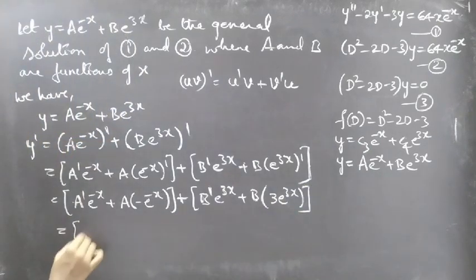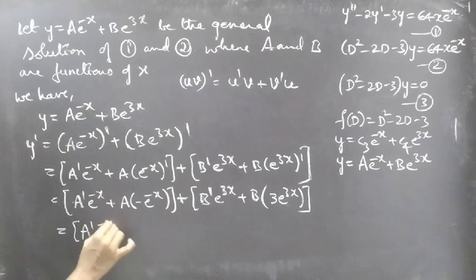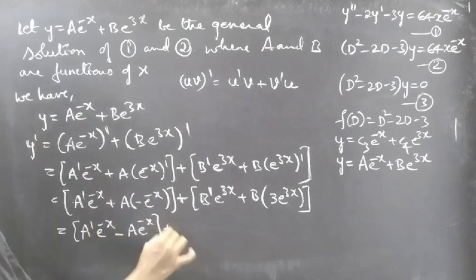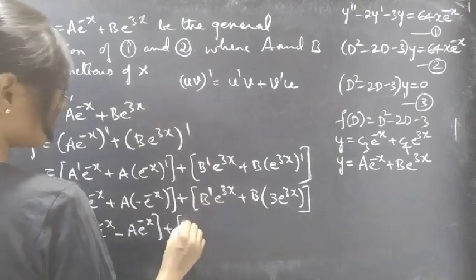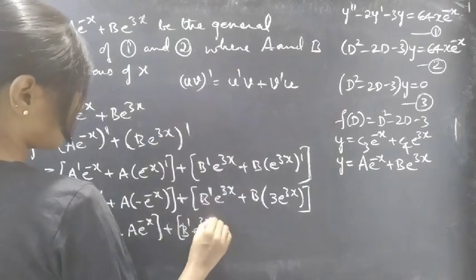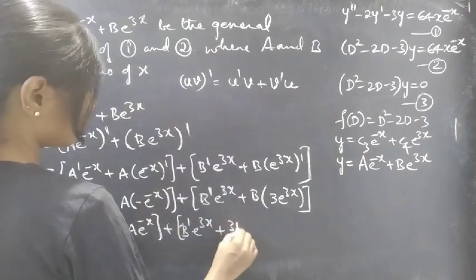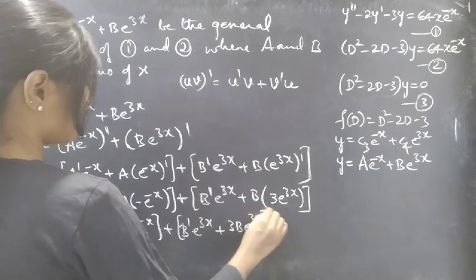This gives us a' e^(-x) plus minus a e^(-x) plus b' e^(3x) plus 3b e^(3x), right?